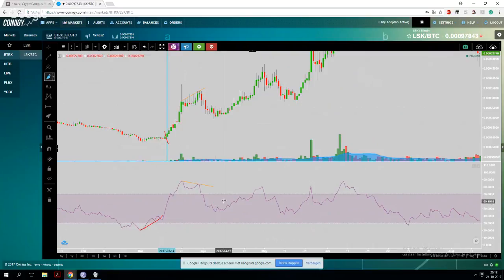Hold on. Which is right around here. At this point, the RSI started moving up, and it broke the previous top here on the RSI. The price followed, so that means a reversal is very likely. They are both moving up, and we can continue the trend.